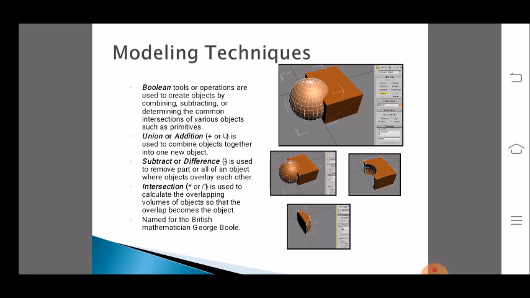So we'll have a particular surface developed on the block after removal of the sphere surface. And if we go for intersection, then we'll have just a key formation as the remaining part of the sphere.